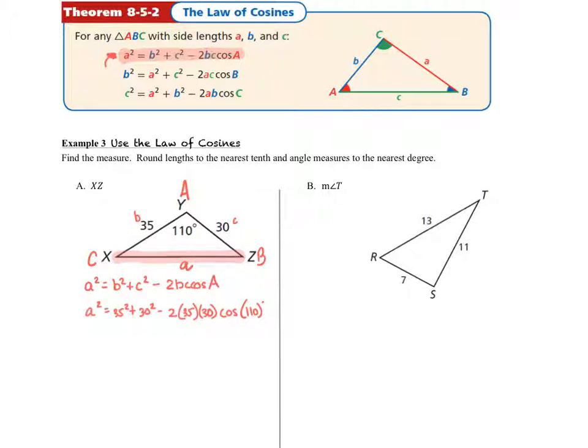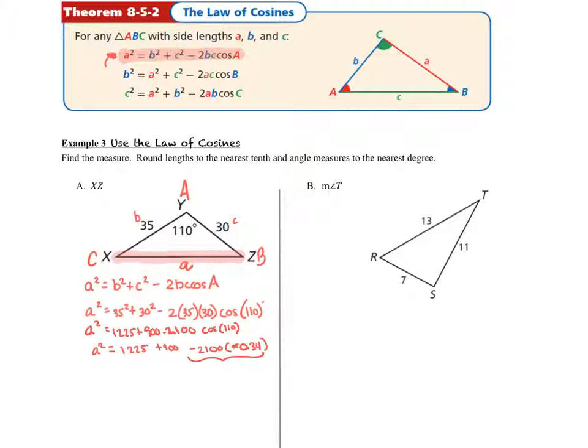So I've got 35 squared. Okay, so we get A squared equals 1225 plus 900 minus 2100 cosine 110. So that's going to equal 1225 plus 900, and cosine of 110 is negative 0.34, so negative 2100 times negative 0.34 approximately.